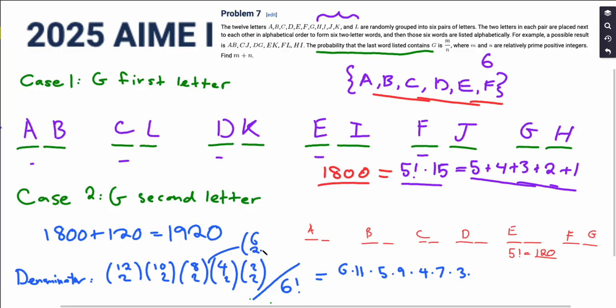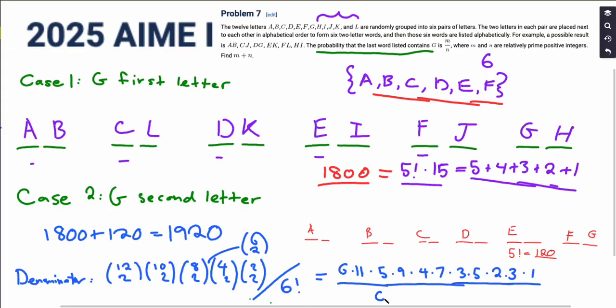So 12 choose 2 times 10 choose 2, 6 choose 2, 8 choose 2, 4 choose 2, 2 choose 2. So we're going to end up with 11 times 9 times 7 times 5 times 3 times 1 times obviously the remaining factors.